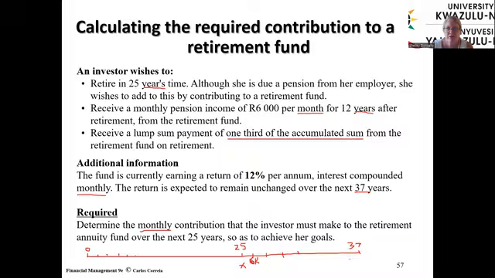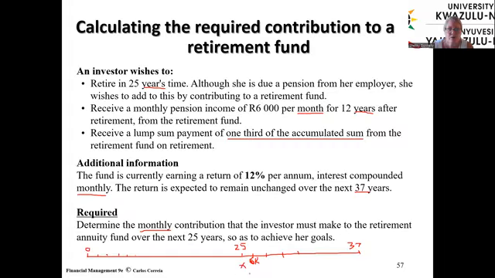There are 12 times 12, 144 of them, because she's going to be drawing it down every month for 12 years. So we can work the present value of that annuity as at this time period here. And I think you'll agree that that will represent the 2/3 that's going to be left behind. Okay, so then we can work out the whole amount that needs to be in place here by the time she retires.